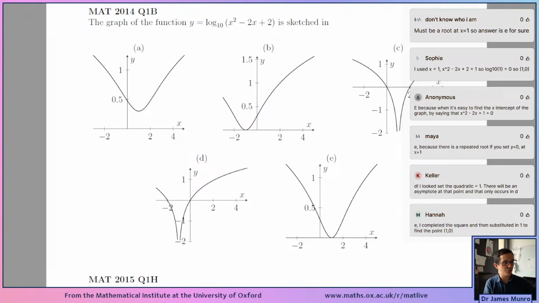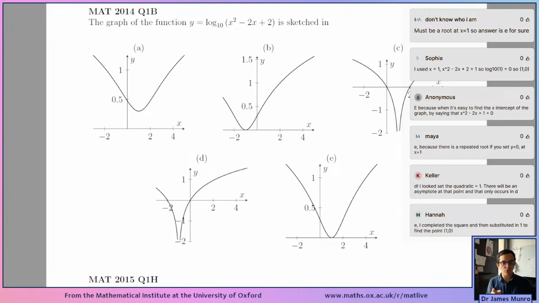Keller's looking for when the quadratic is equal to 1, but careful, it's not an asymptote there. That's where the logarithm is 0. Logarithms are okay if you put the number 1 in, not great if you put the number 0 in. And then people are looking for a root at 1. Sophie checked what happens when you put in x equals 1. I like this, okay.